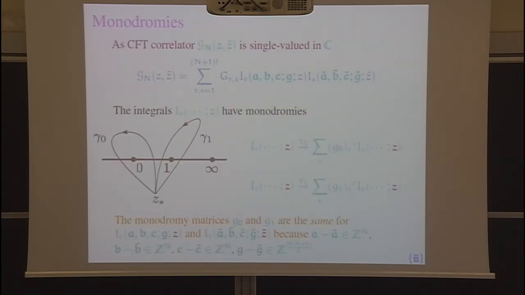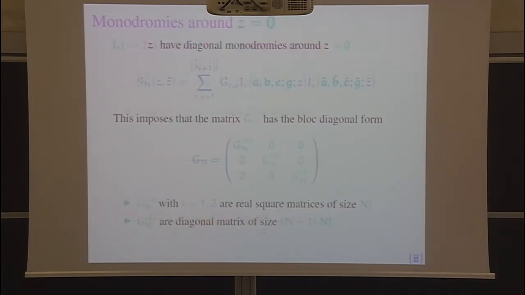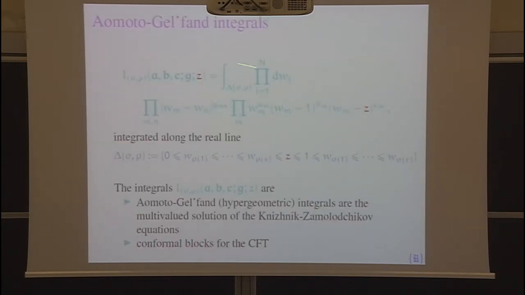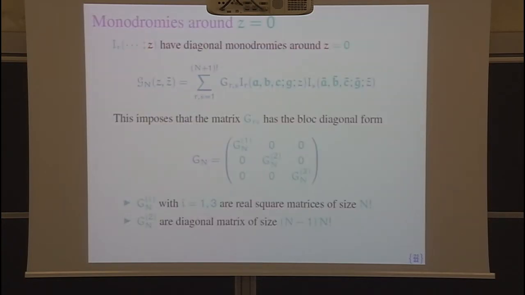You may recognize this picture from some paper. Actually, I'm exactly using the paper by Dotsenko and Fateev. What they do for the four-point correlation in the Coulomb gas is exactly what I'm doing. It's the same method. What happens is that the integrals, the way I've defined them here, with this domain of integration where some variables are between 0 and z and some variables between 1 and infinity, make these integrals have block diagonal monodromies around zero.